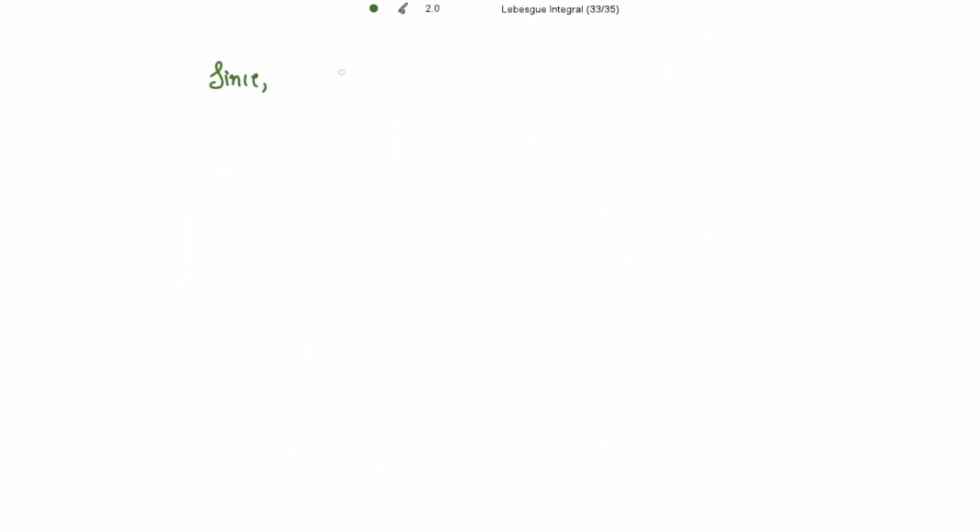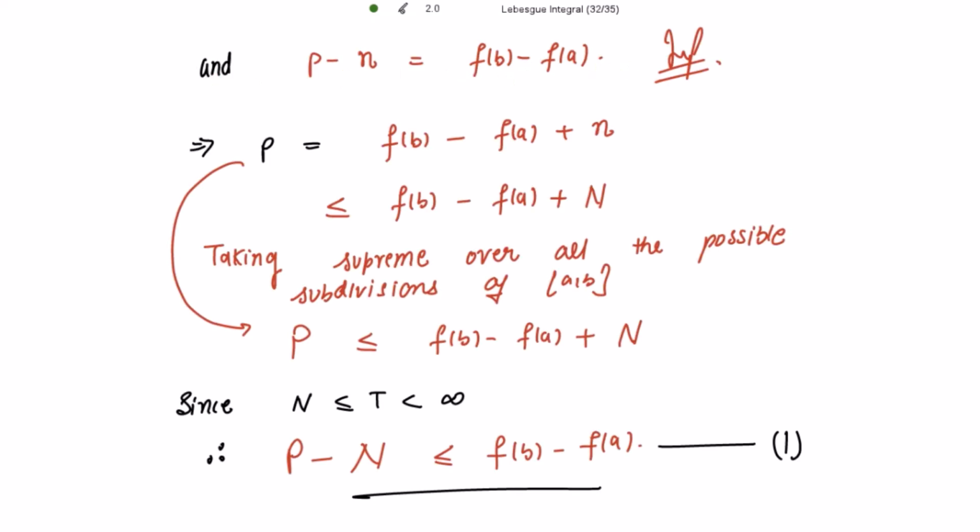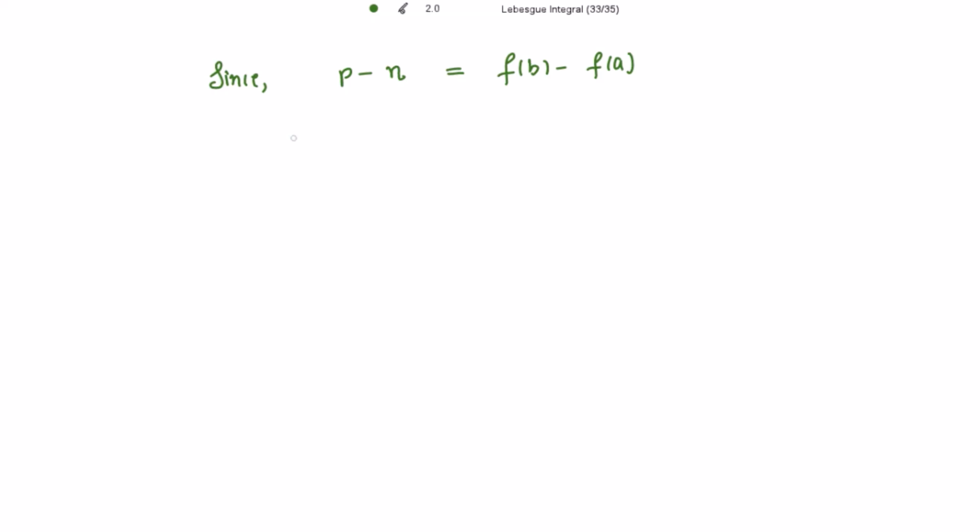Again, since we know that the difference of small p and small n is equal to f(b) minus f(a). In the first case, I took p to be on the left hand side. In this case, I am going to take n to be alone on the left hand side. So this is equal to p minus f(b) plus f(a).